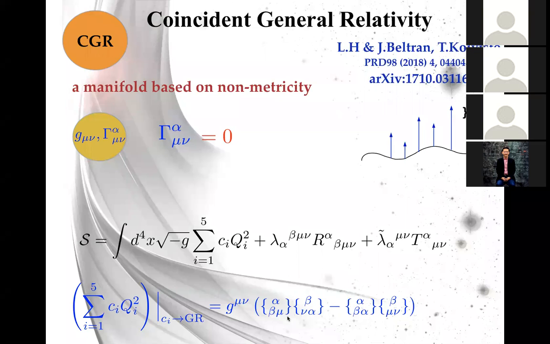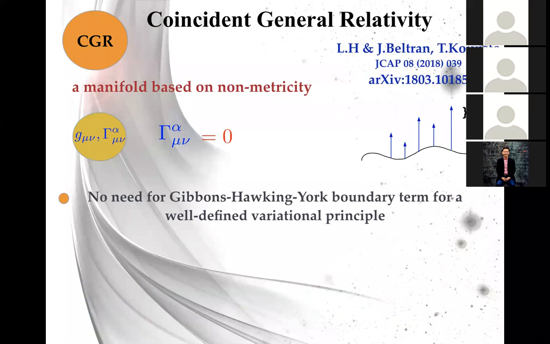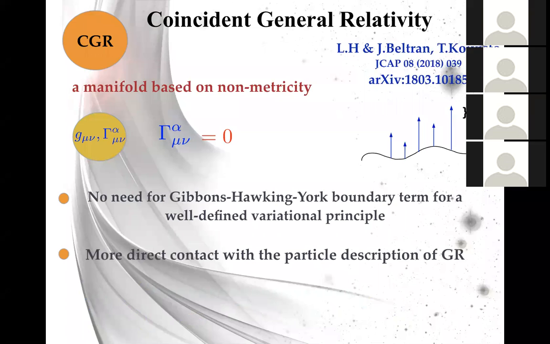So you get rid of the derivatives acting on the Christoffel symbol part. So let me mention a few nice properties. So there is no need for the Gibbons-Hawking-York boundary term for a well-defined variational principle in that formulation. And there's also more direct contact with the particle description of general relativity, to which I will hopefully come in a few minutes, why I am claiming that there is a more direct contact.